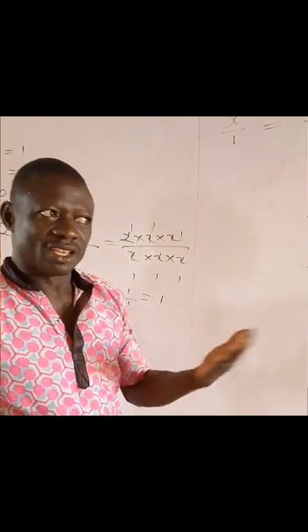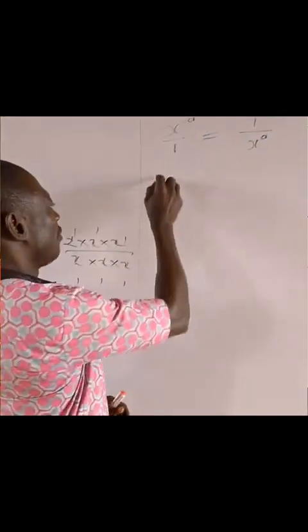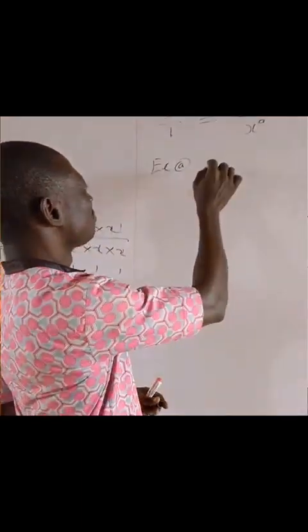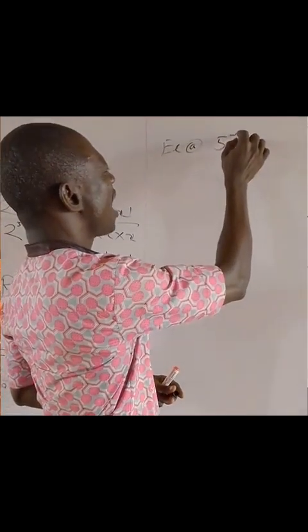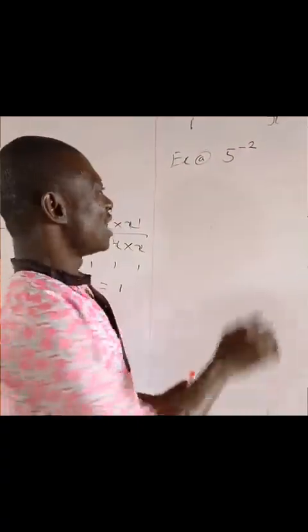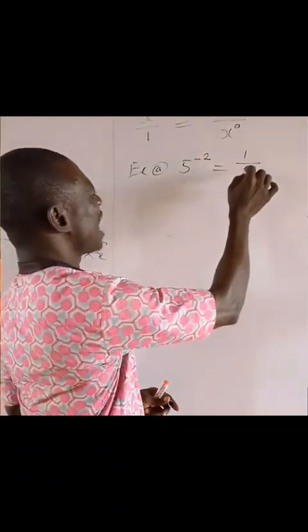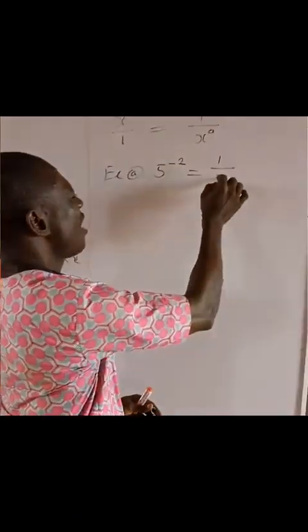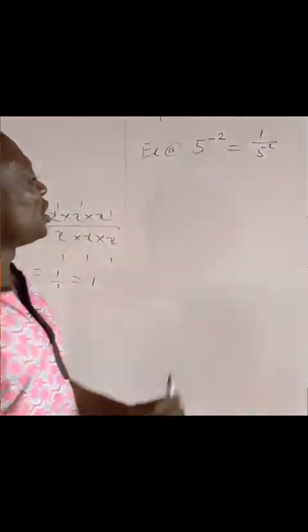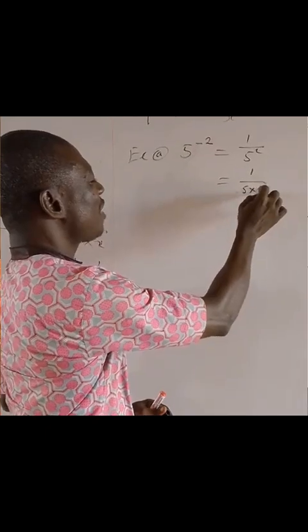Whichever one gives you the better understanding, you follow it up. For example 1, we have 5 raised to the power minus 2. The law is saying you have to clear this negative sign first. So put 1 on top and let the negative sign go: 1 over 5 raised to the power 2. No negative sign again. So that is 1 over 5 times 5.